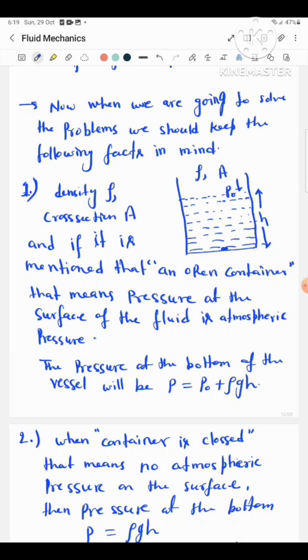If the problem mentions an open container, it means we have to take atmospheric pressure into account, and the pressure just at the surface of the liquid, in contact with the atmosphere, will be equal to P naught.